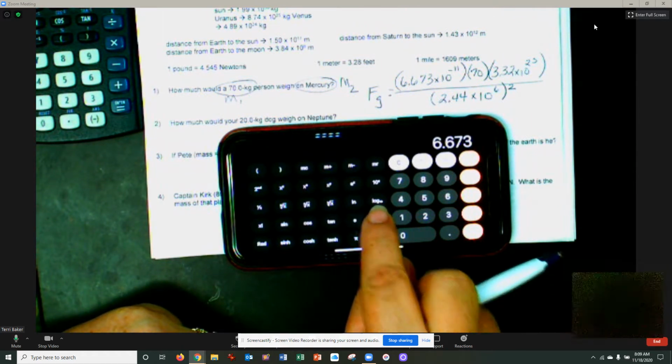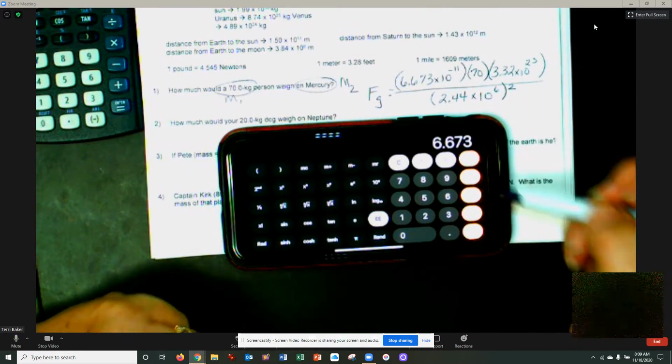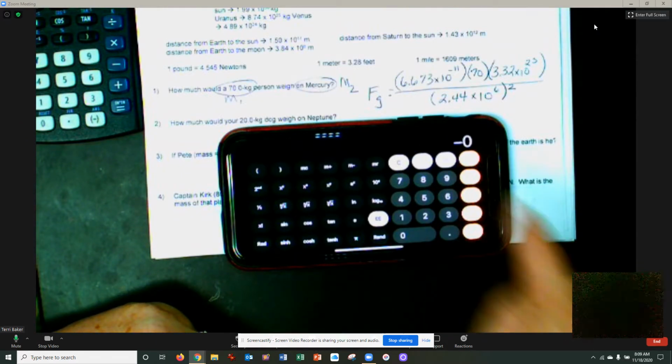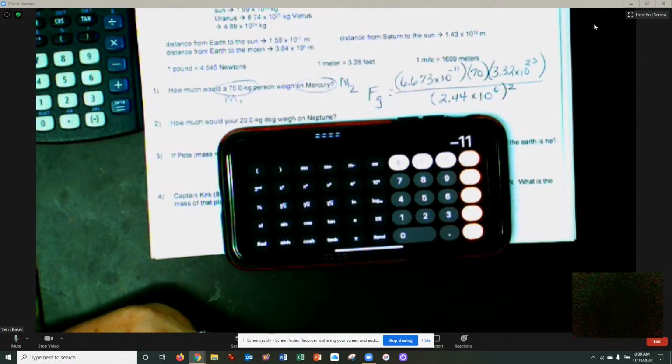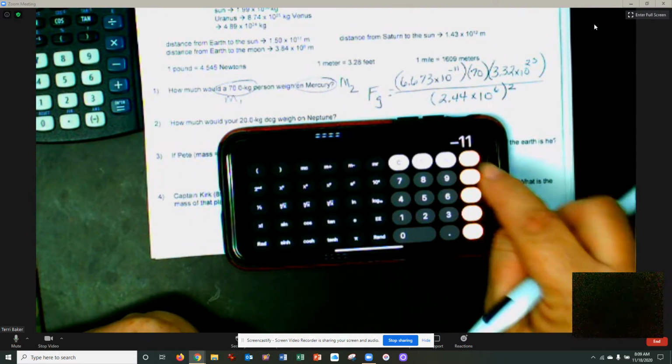This EE right here is your scientific notation. So hit the big E, and then you're going to put negative 11. Do not use the subtraction sign. You're going to use the plus/minus key, 11. You're done, so it's in.